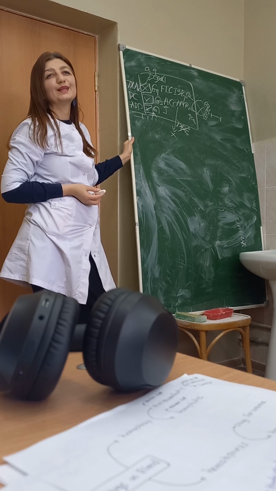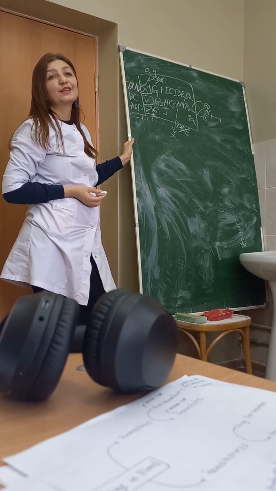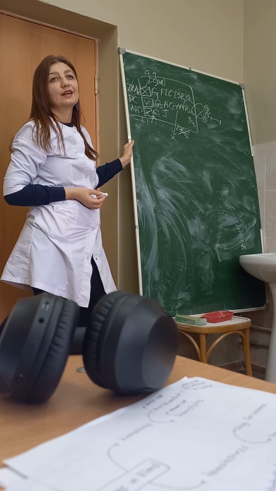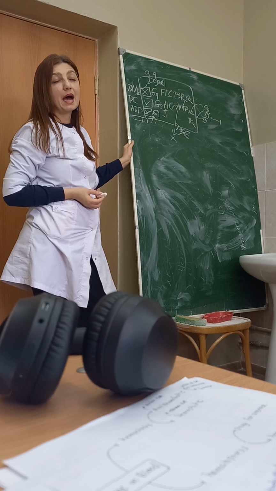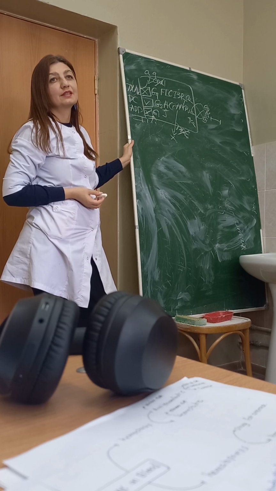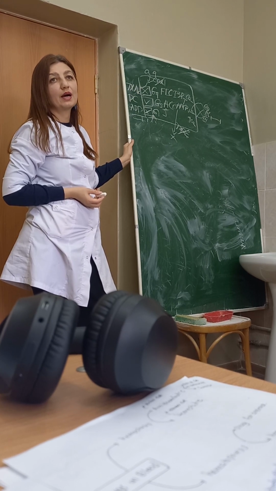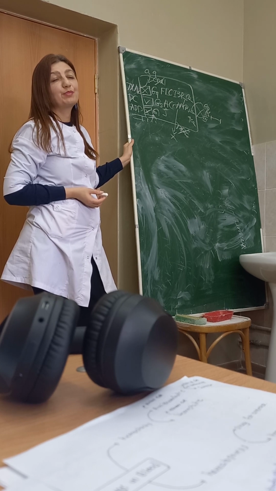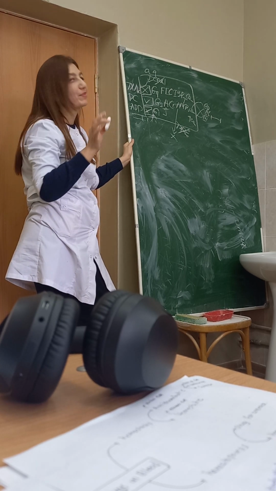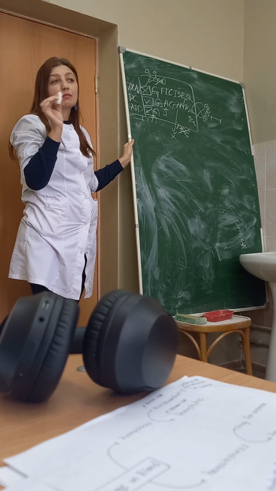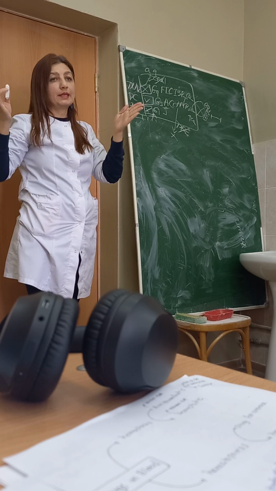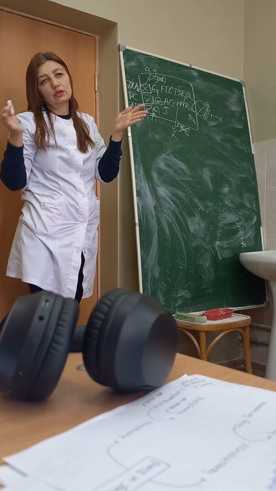Again, please. Abciximab, and tirofiban, eptifibatide. What does MAB mean? Monoclonal antibodies. If you have MAB at the end, it is a monoclonal antibody.